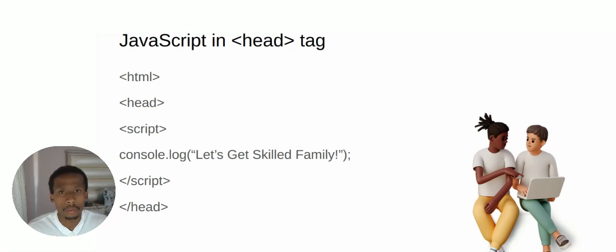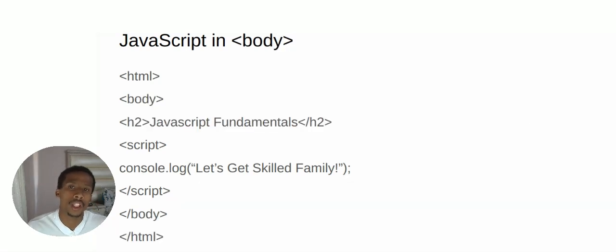But the method that we'll be using is the external method, where we'll be creating our own JavaScript file, writing all our code inside of that external file, and just linking the file from the HTML file to the JavaScript file. It creates cleaner code, and it keeps your code separate from your HTML code and your CSS code.